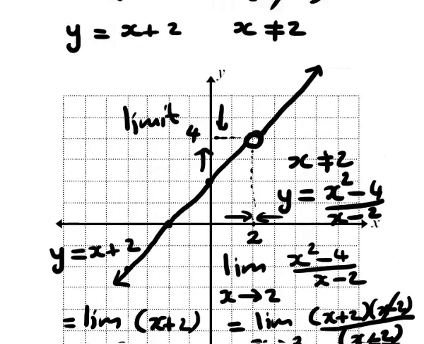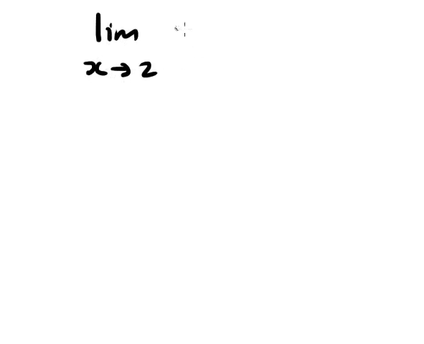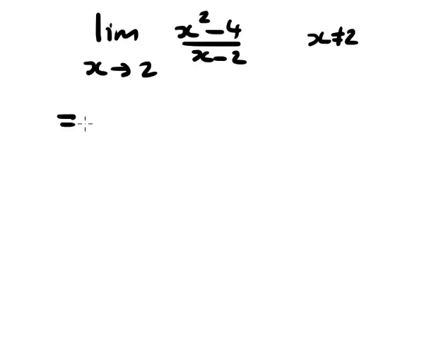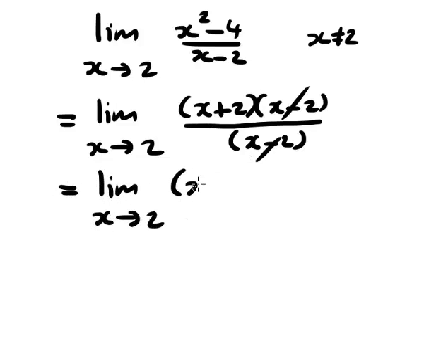So what is the moral of this story with these limits? Whenever you have the limit as x approaches 2 of x squared minus 4 over x minus 2, you try and substitute, and you plug in and you see that x is not allowed to equal 2, because then this expression is undefined. The way we get that y value approached is by factorizing, and then we simplify the expression, get rid of the denominators, and we have the limit as x approaches 2 of x plus 2.